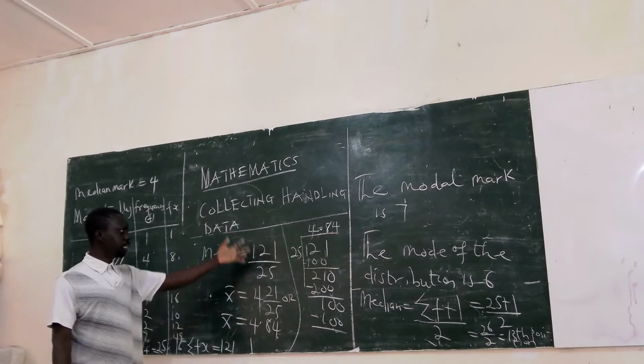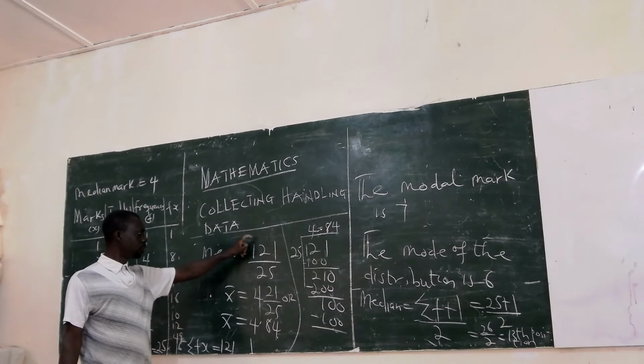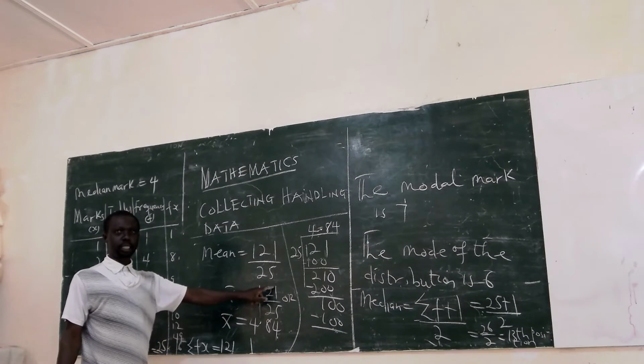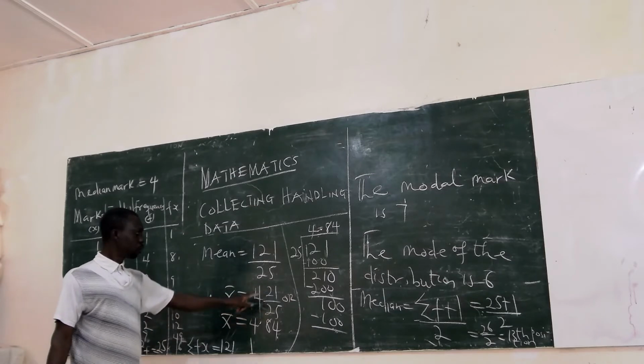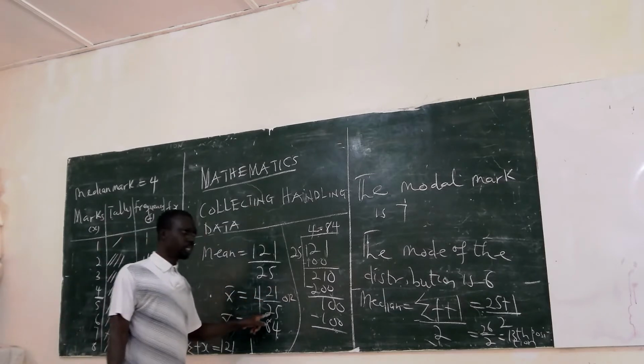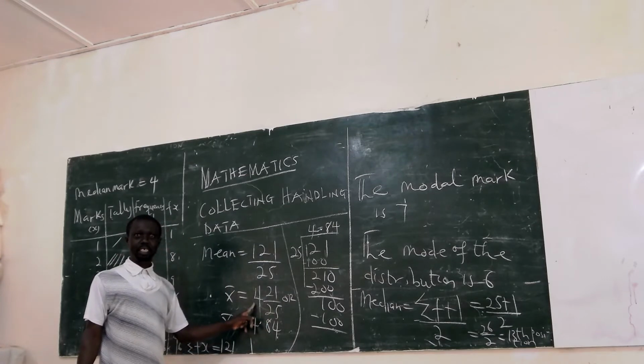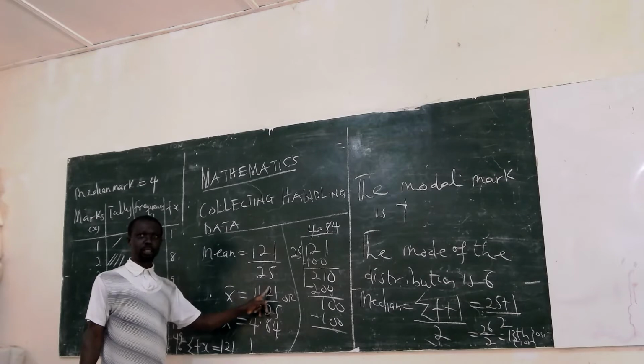When you change this into a mixed fraction, 25 goes into 121 four times with a remainder of 21. It's equal to 4 whole number 21 over 25. Let's check: 25 times 4 gives 100, and 100 plus 21 gives us 121.